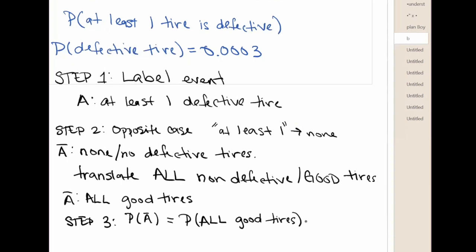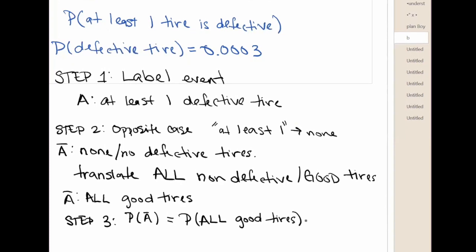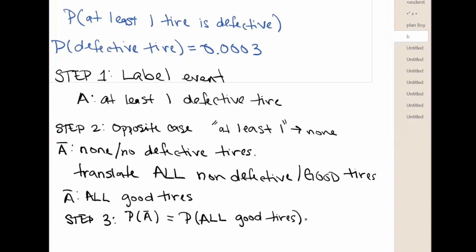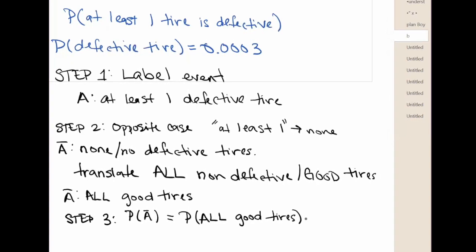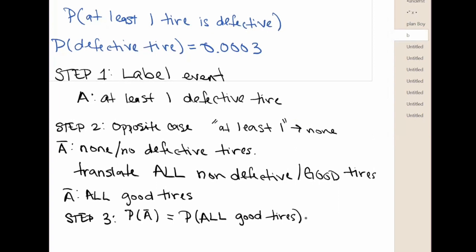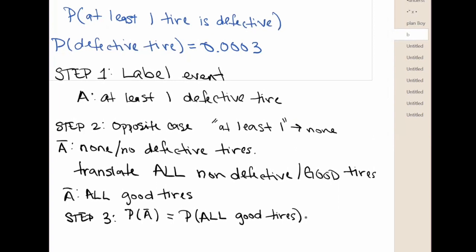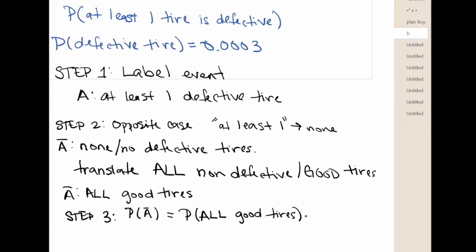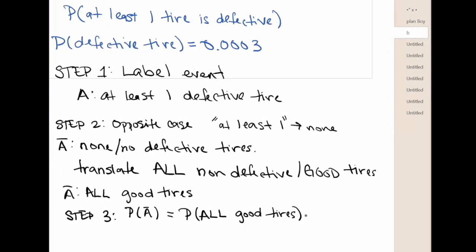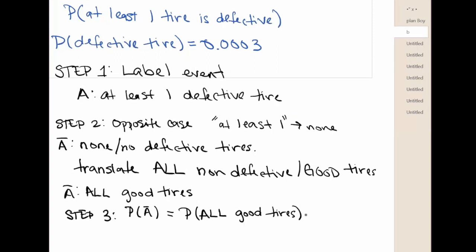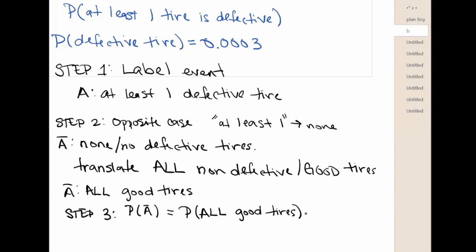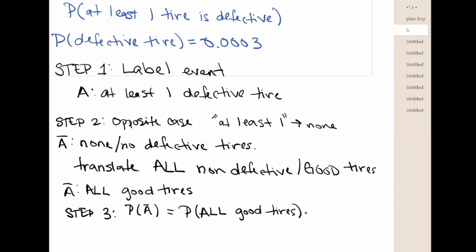Now, when it says all, the all really came from the sample that they were asking for. So in this case, all implies that they're looking for 100 good tires then. So keep that in mind. That is what your small little sample space is for. It is for getting that total amount with them. So we are really looking for 100 good tires for this specific scenario.